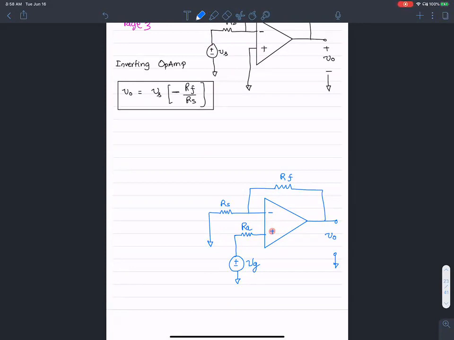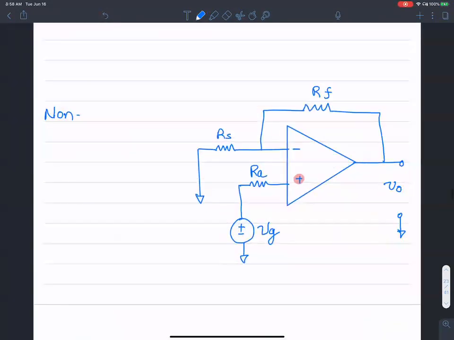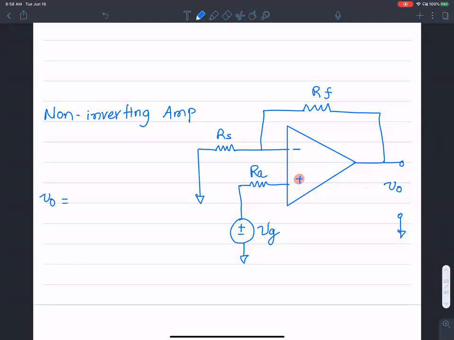Now, the non-inverting amplifier. The idea of the non-inverting amplifier is the output is a multiplication of input by a positive gain.